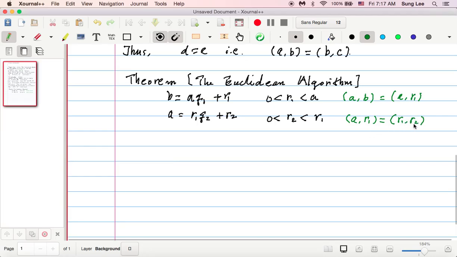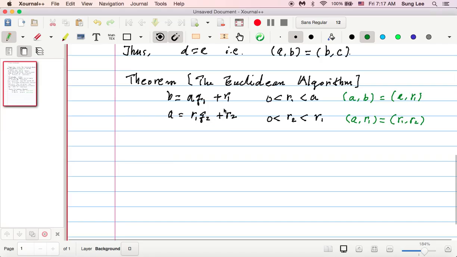So again, in this case, finding the greatest common divisor of R1 and R2 is easier than finding the greatest common divisor of A and R1, because these involve smaller integers than the previous pair, right? But if R2 happens to be 0, then A equals R1 Q2.